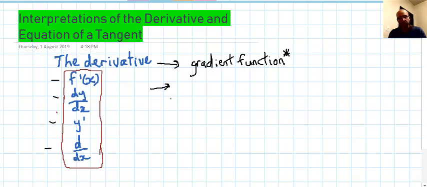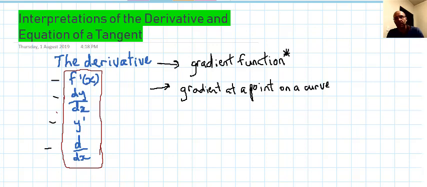We can also interpret it as the gradient at a point on a curve, and that means if it's the gradient at a point on a curve, it's the gradient of a tangent taken at that point.